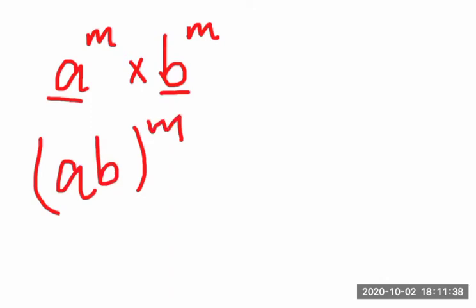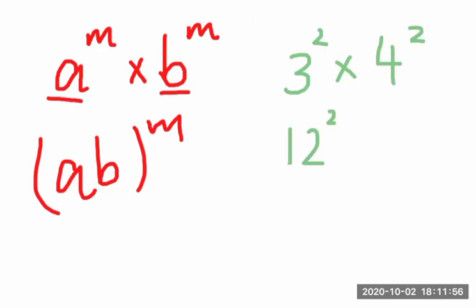For example, I have 3 power 2 into 4 power 2. I would simply multiply 3 by 4, which gives me 12, and give it a power of 2, which will give me 144. Okay, let's start with a question and then let's see how much you understand.